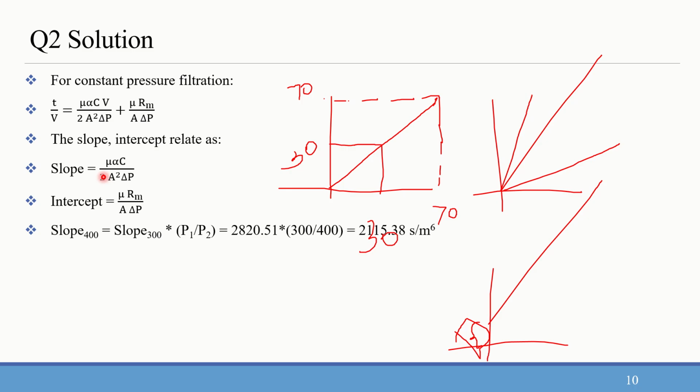So this is with respect to the constant pressure filtration. So slope is inversely proportional to delta P. So slope at 400 kilopascal will be inversely proportional to P2. So here 2 refers to 400 kilopascal and 1 refers to 300 kilopascal. So slope at 400 is equal to slope at 300 kilopascal into P1 by P2.